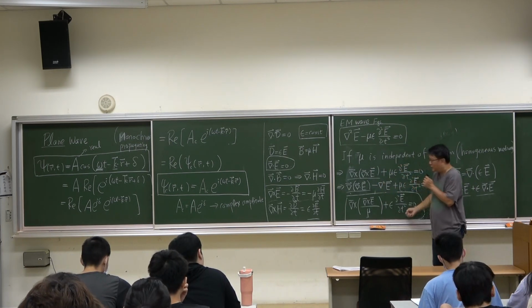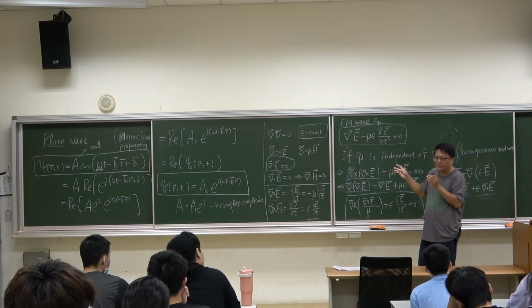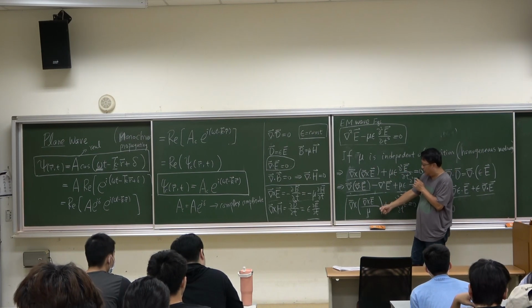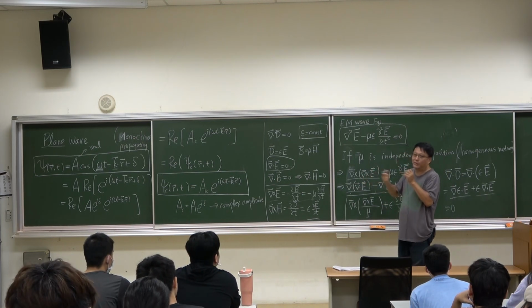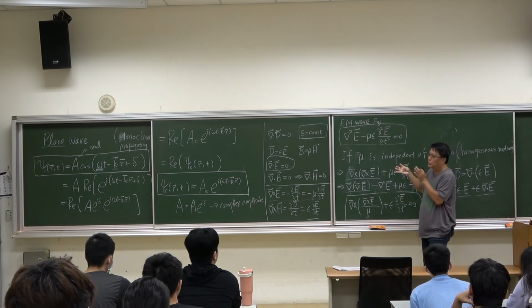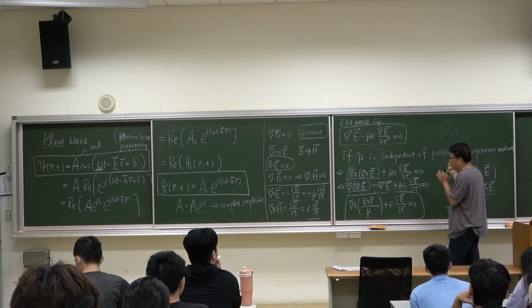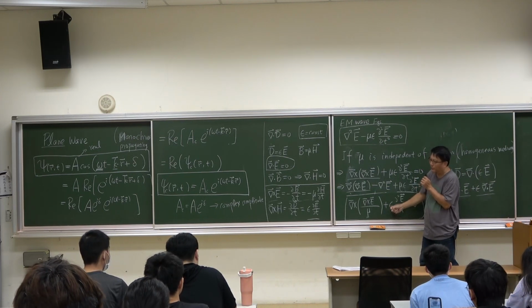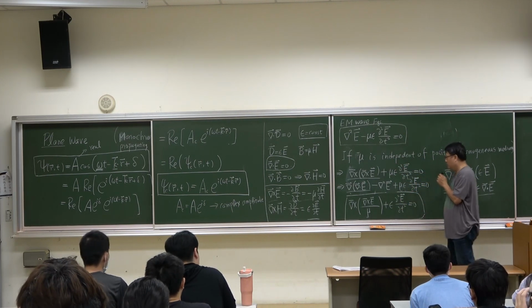Okay. Although this equation looks ugly, if you assume something else, for example, photonic crystal means that the mu or the epsilon or both of them are periodic function of position. Then you can use some additional method, for example, Fourier expansion and something like that, to derive the spectrum, the eigenfrequency of the solution.